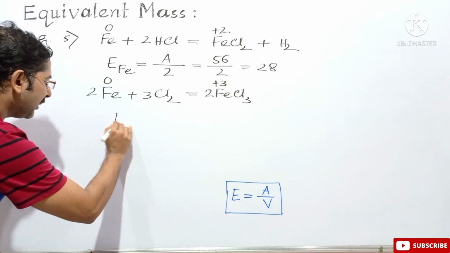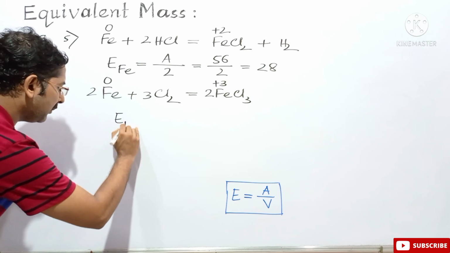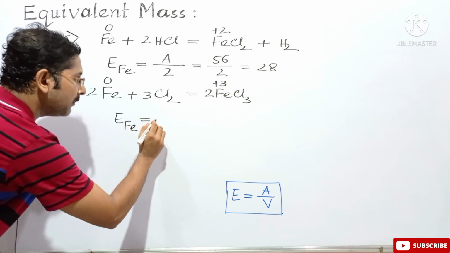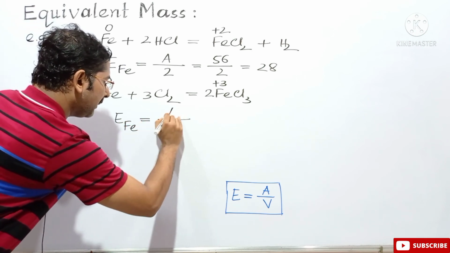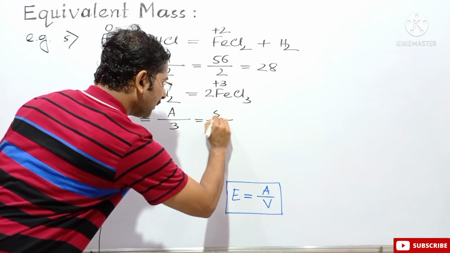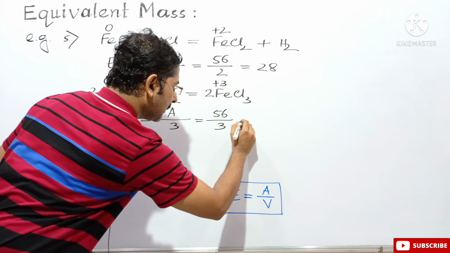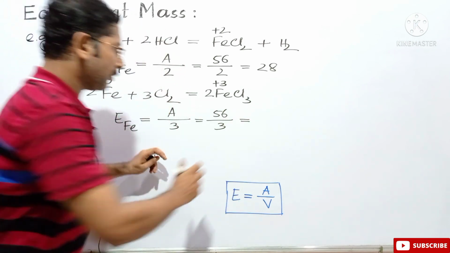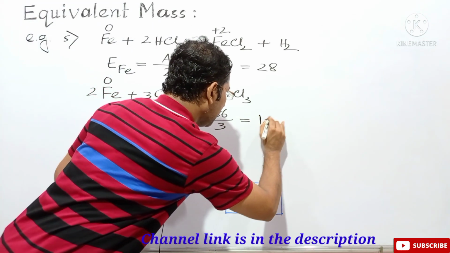So here equivalent mass of iron is equal to atomic mass of iron divided by 3. This is 56 by 3, so this is 18.67.